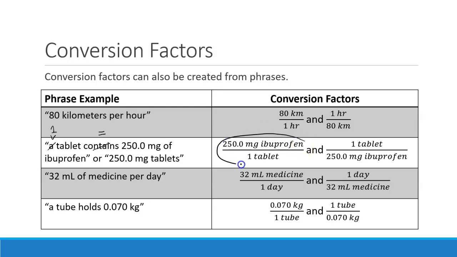And then you can see how that conversion factor is created. Same thing with tube. We can say this is 1 tube, and instead of holds, equals 0.070 kilograms. Then it's easier to see how the fractions are created. 1 tube equals 0.07 kilograms. And keep in mind that it may help to see the fraction symbol as an equal sign. So write 1 tube equals 0.07 kilograms.